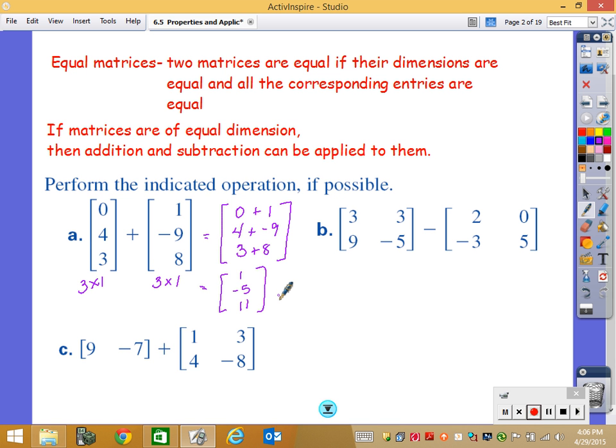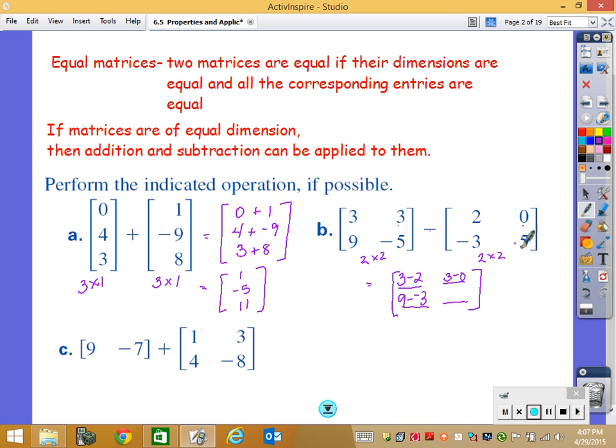Now let's try matrix B. Dimensions of the first one, 2 by 2. And the second one is also a 2 by 2. So my result should be a 2 by 2. 3 minus 2. 3 minus 0. 9 minus negative 3.